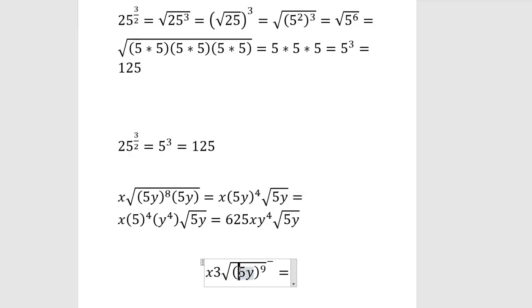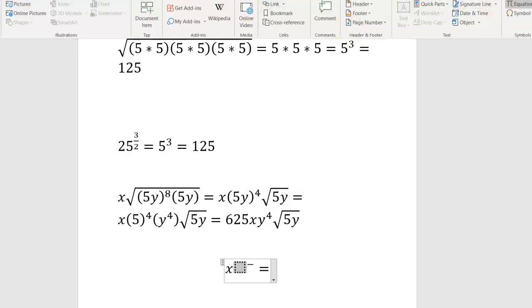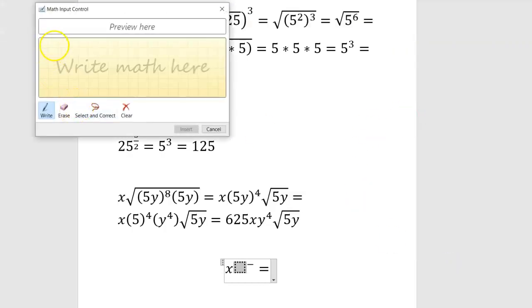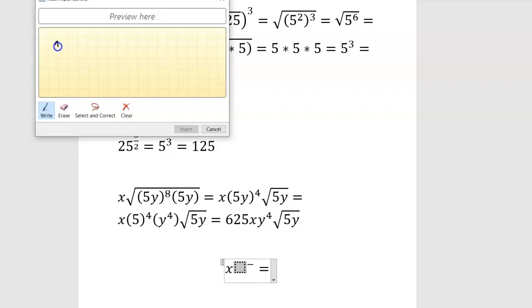Oh, no, I screwed that up. It just screwed everything up. Insert equation and ink equation. I don't think this thing's too good. Cube root.